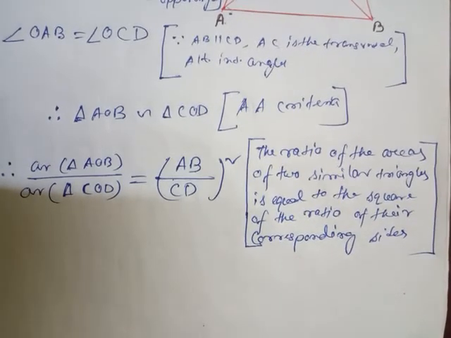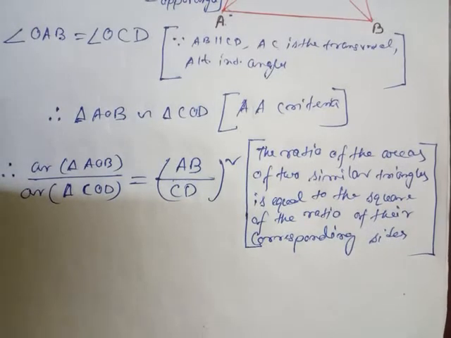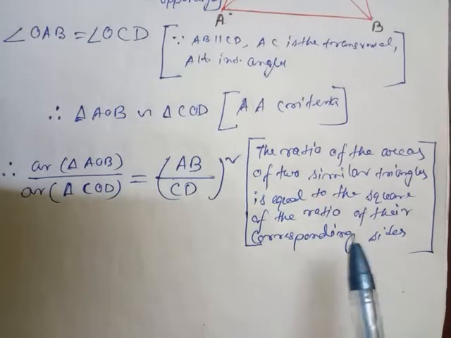The ratio of the areas of two similar triangles is equal to the square of the ratio of their corresponding sides. This is the 6.6 theorem.